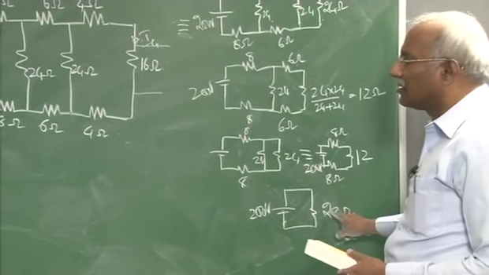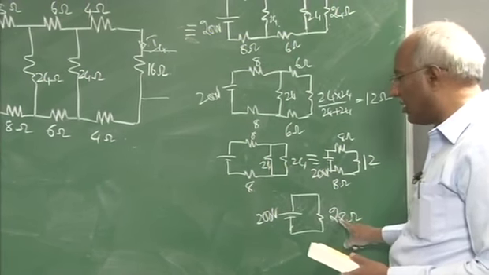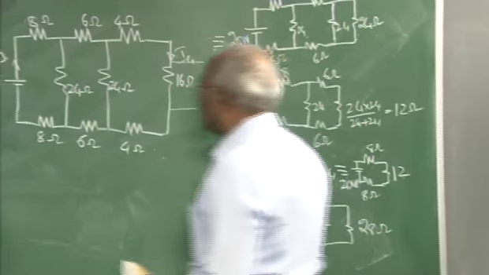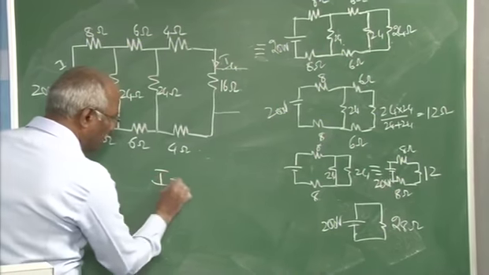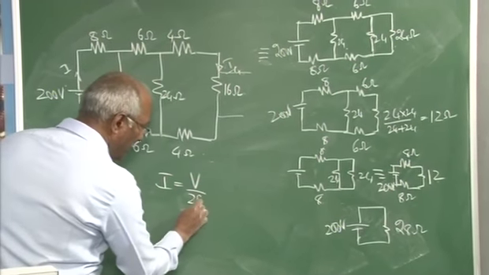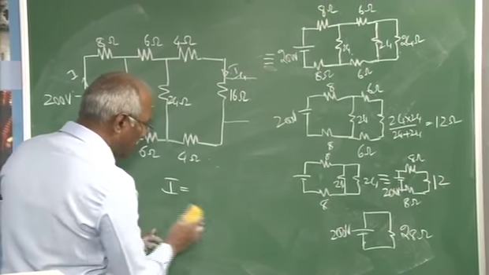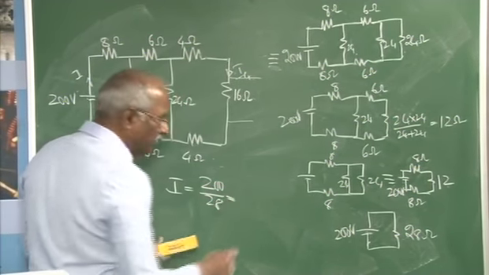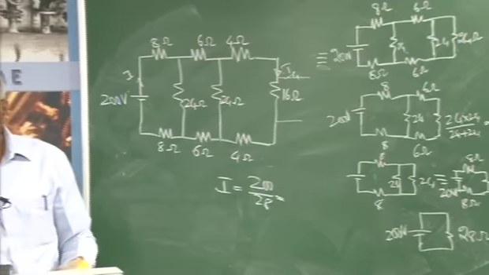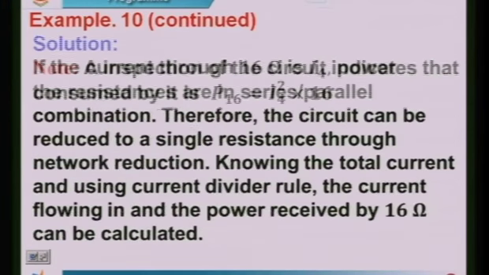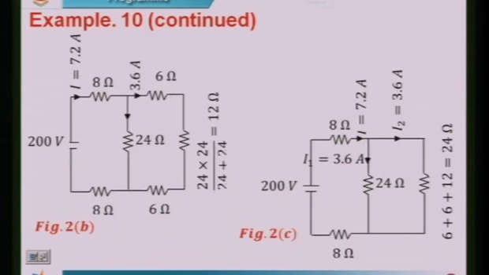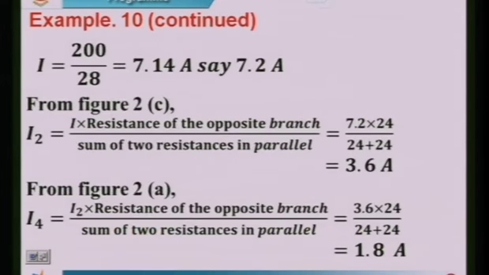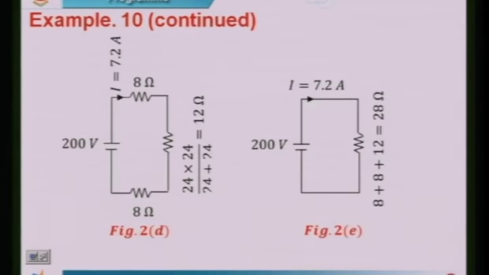Once I get the equivalent resistance, the current I will be equal to V by R equivalent, V being 200 divided by 28, which comes to 7.2 amperes.